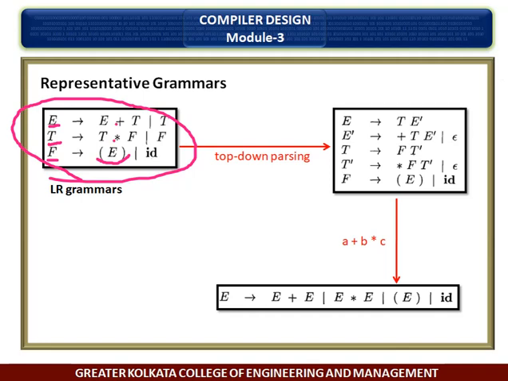This grammar can be adapted to handle additional operators and additional levels of precedence. However, it cannot be used for top-down parsing because it is left recursive. The non-left-recursive variant of the expression grammar will be used for top-down parsing.